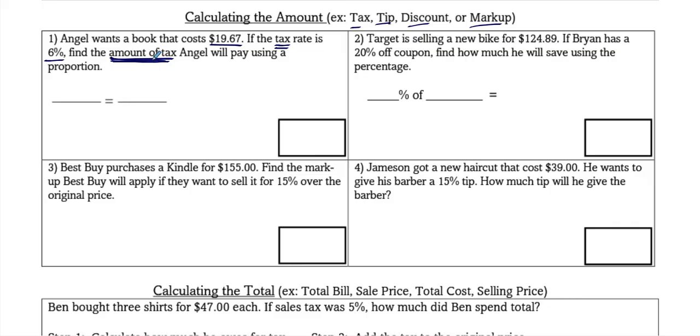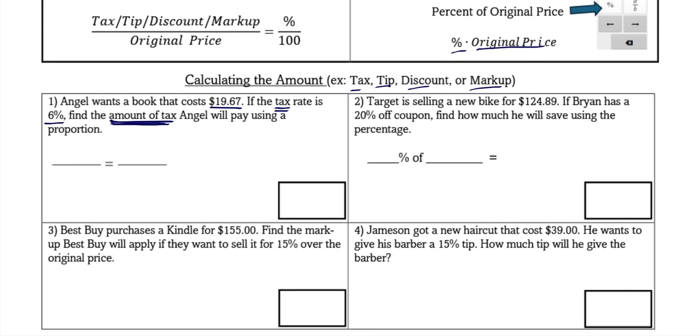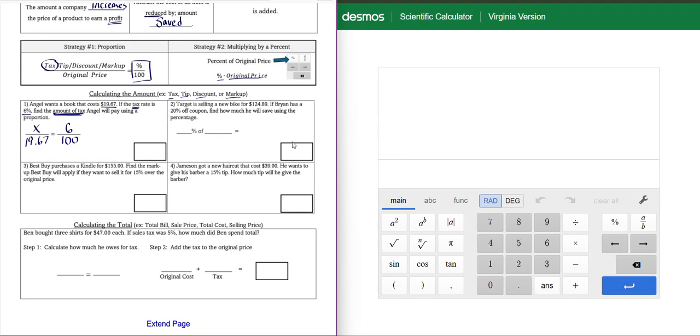We're going to set up our proportion. Every time we set up the proportion, we're going to put the percent over 100. So we're going to put 6% over 100. And we're trying to find the tax here, so we don't know this number. That's going to be our X. The original price goes on the bottom. That's $19.67. So we're going to cross multiply here.